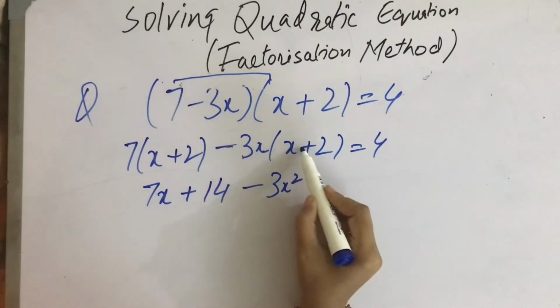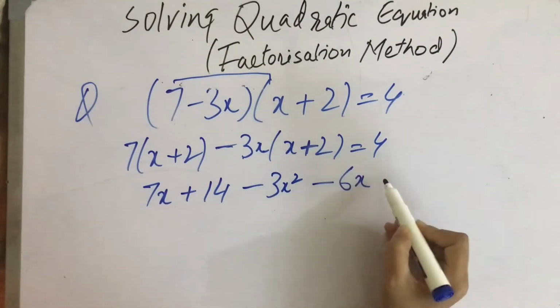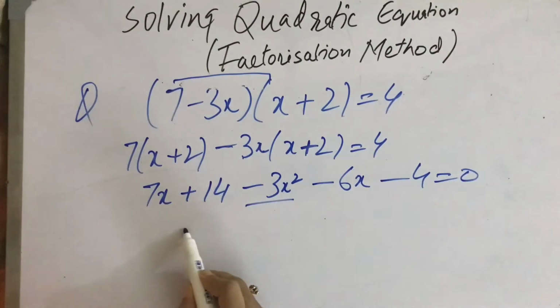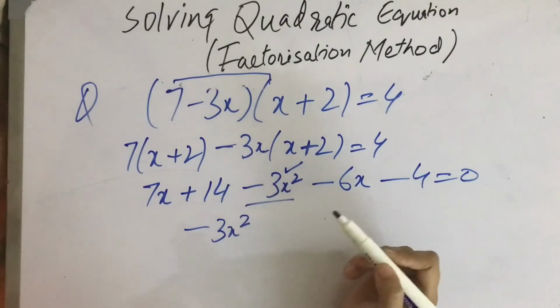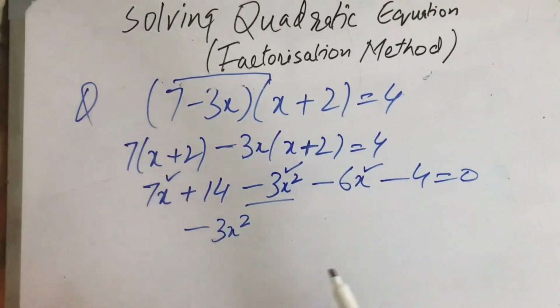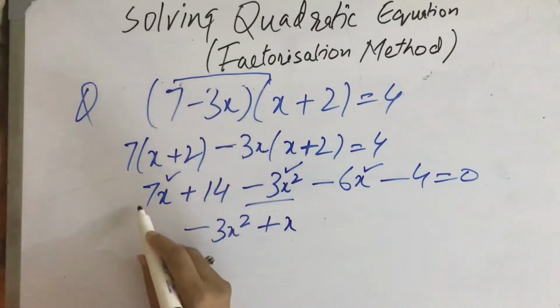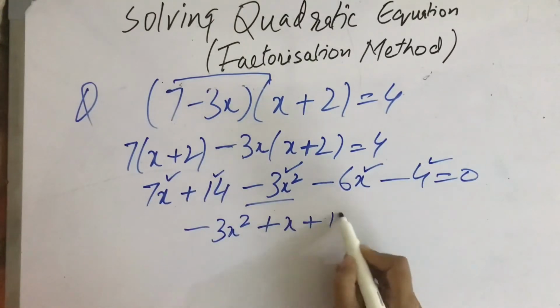Minus sign will change this sign, minus 3x times 2 is 6x, minus 4 equal to 0. Now we first of all take this minus 3x square, the square term, then we have two terms with power 1. 7x minus 6x is positive x, as 7 is positive. 14 minus 4 will give me positive 10.